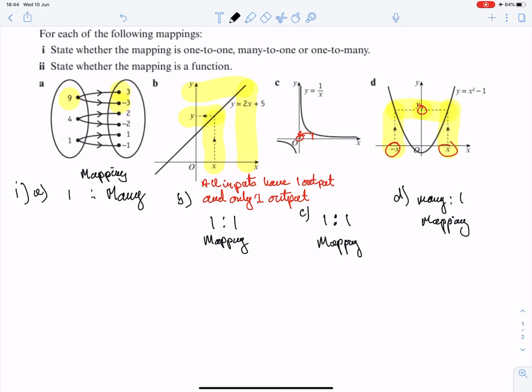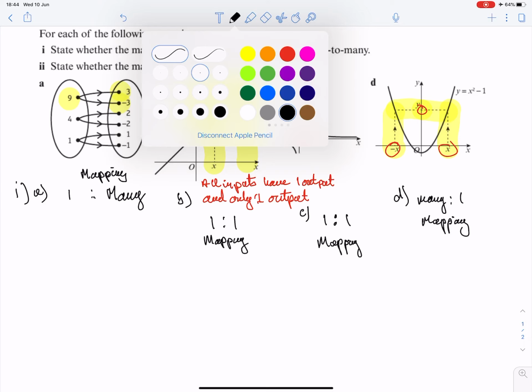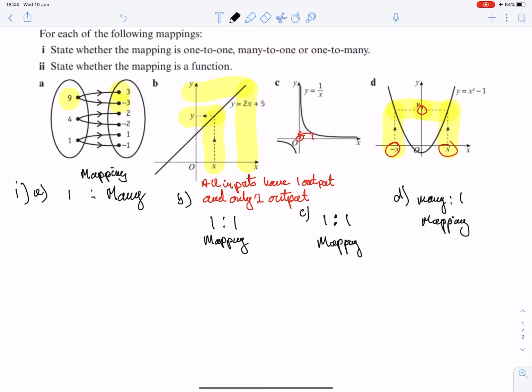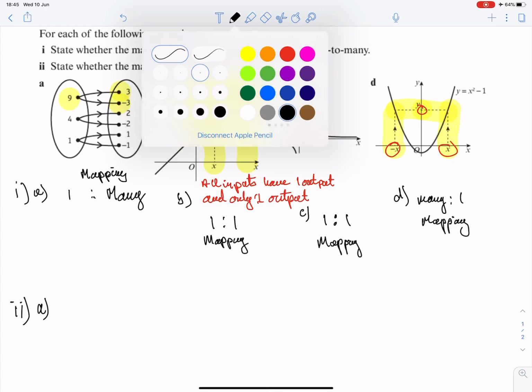Now, state whether it's a function, so part 2. The key thing for something to be a function was each input has one output, but the output doesn't have to be unique.